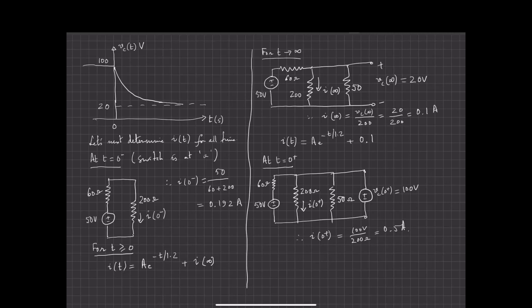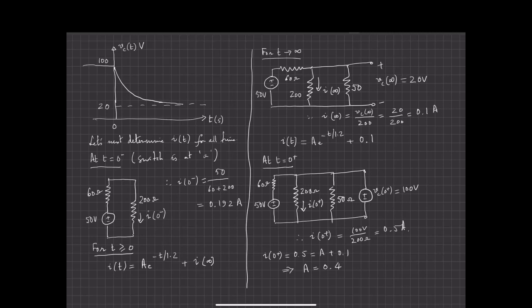So now I know I at 0 plus, and therefore I can determine the constant A in the equation above. Let's do that. I at 0 plus, which is equal to 0.5, is equal to A plus 0.1, and this gives me that A equals 0.4.